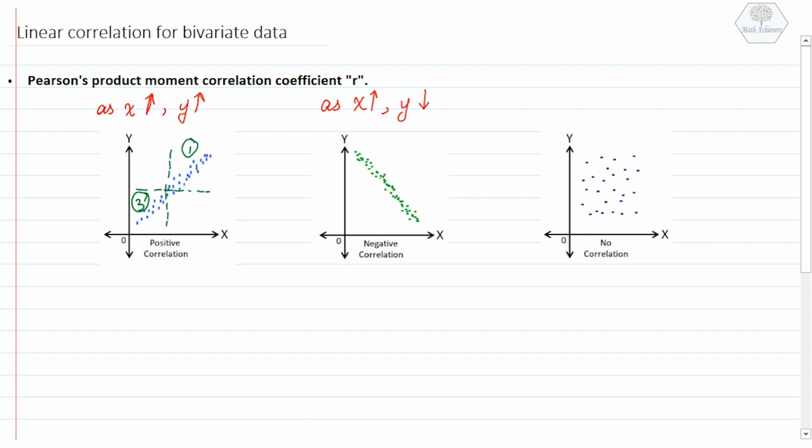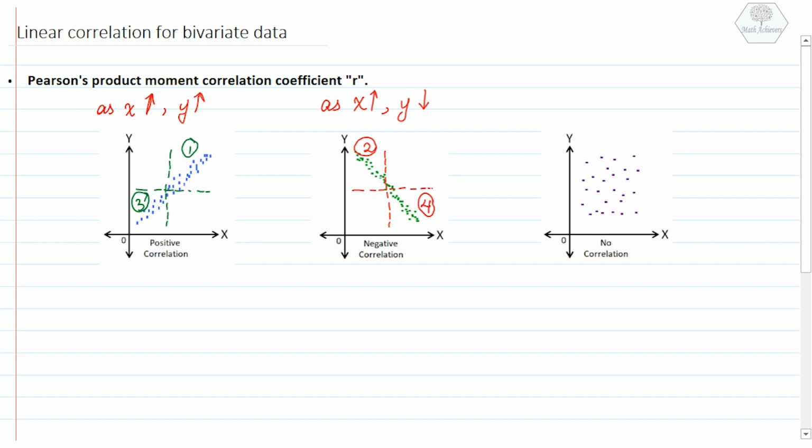So now, also if I want to know if there is a negative correlation, I just draw an axis this way inside. If all the points lie in the second quadrant and the fourth quadrant, then this means that there is a negative correlation between x and y.